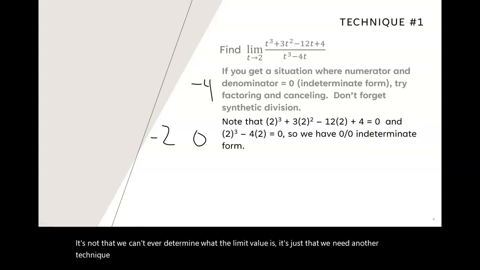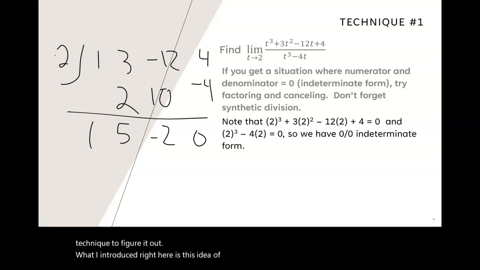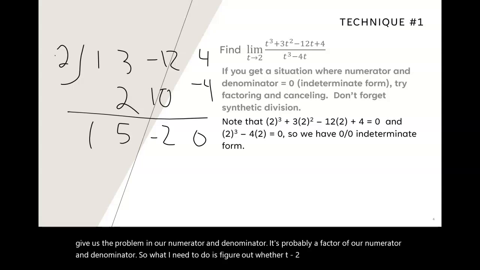So what I introduced right here is this idea of synthetic division. The idea is if t equal to 2 is going to give us a problem in our numerator and denominator, it's probably a factor of our numerator and denominator. So what I need to do is figure out whether t minus 2 factors out of my numerator and my denominator.